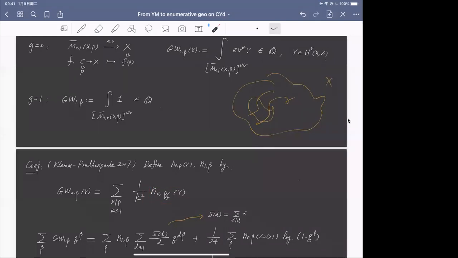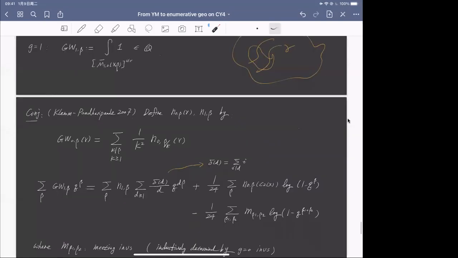This is supposed to give the definition of n_0 β by the so-called Möbius inversion formula. You can do a Wikipedia search on this Möbius inversion formula. It tells you that if you define something like this, then you can read off n_0 β indirectly from the information of the left-hand side.